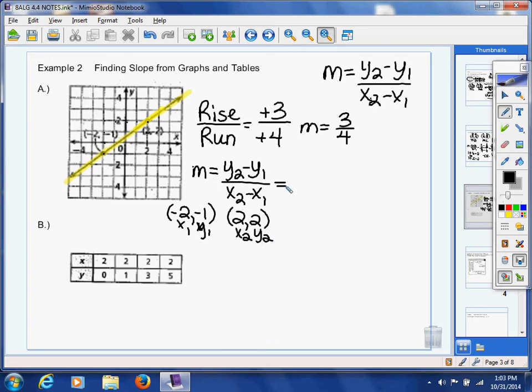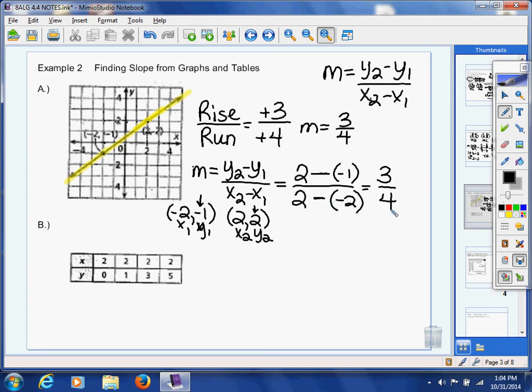Okay, so let's plug in what we know. y2 is right here, that's positive 2, minus, what's y1? -1. What's 2 minus a -1? You're right, that's positive 3. Okay, so let's go back to x2, that's 2, minus, what's x1? -2, and 2 minus a -2 is 4.